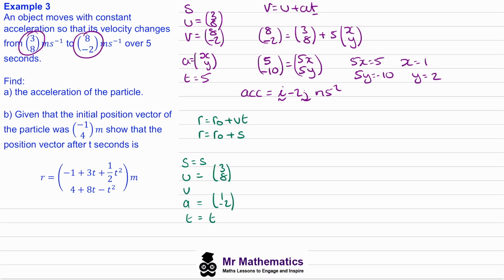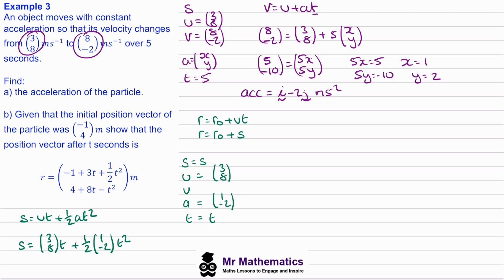So now we can use the formula s = ut + 1/2 at squared. If we substitute in our known values, our displacement will be (3, 8) times t plus 1/2 of the acceleration, (1, -2), times t squared.